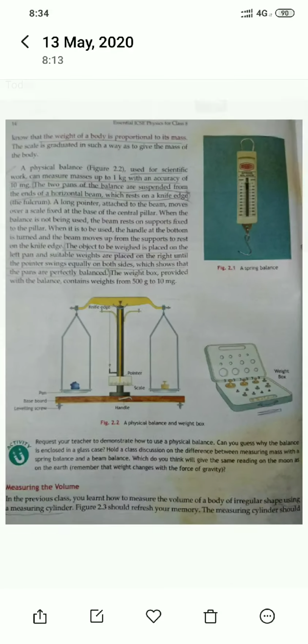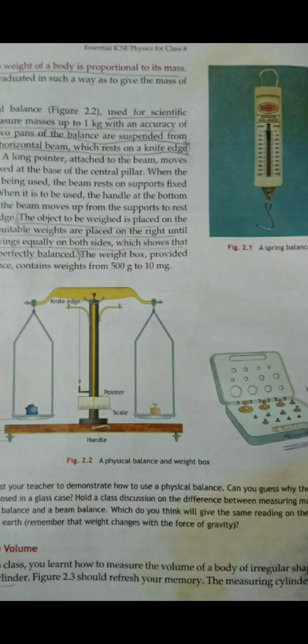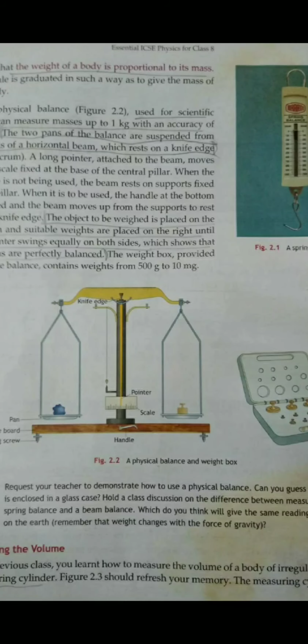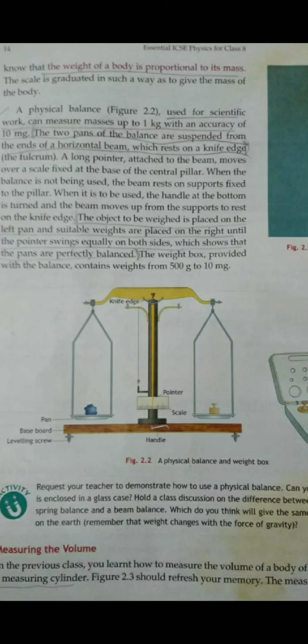Okay, then the other thing with which we can measure is the physical balance. A physical balance is shown over here, see figure 2.2, and it also has a weight box along with it. In the laboratories we have these kinds of balances. You can see here a small scale in between, and then there is this horizontal surface, the yellow colored part, and attached to this horizontal part we have two pans.